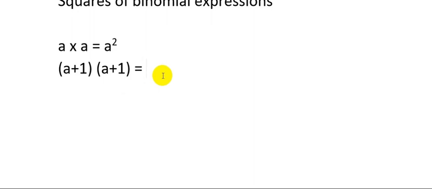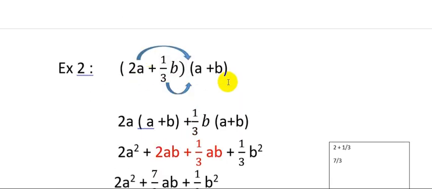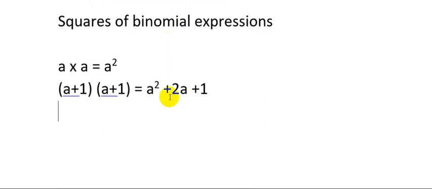If I write the answer directly here, I get a square plus 2a plus 1. So what we are doing here is, instead of different binomial expressions, we are taking the squares of binomial expressions.